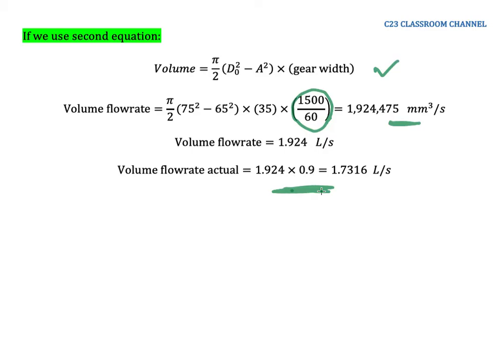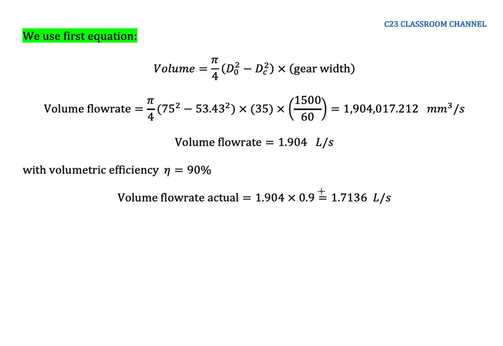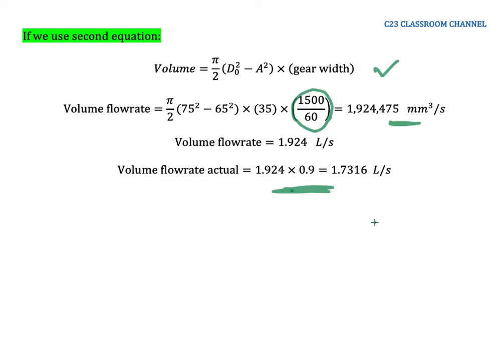If you compare the answers, with the first equation we have 1.7136 and with the second equation 1.7316. So the difference is not too much. However, it is good for you to calculate the gear pump using the first equation.